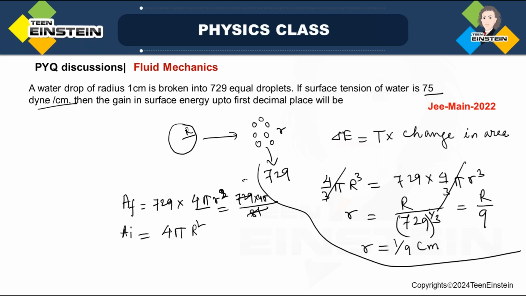So this will be 9, and that means we get 36 pi. And what we get here initially is 4 pi alone. This is centimeter square actually. So what is the gain in area? Gain in area, or change in area, here is actually 32 pi centimeter square.